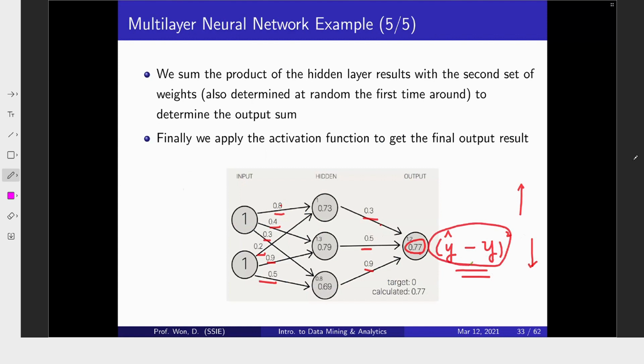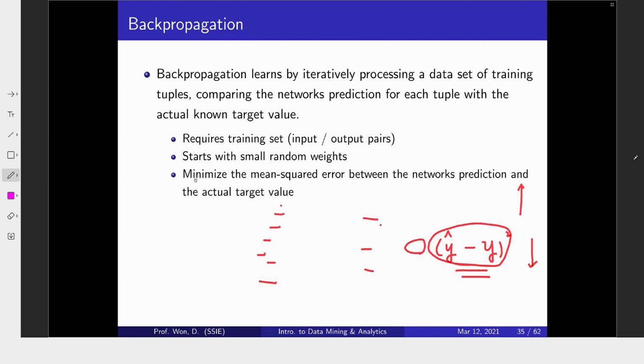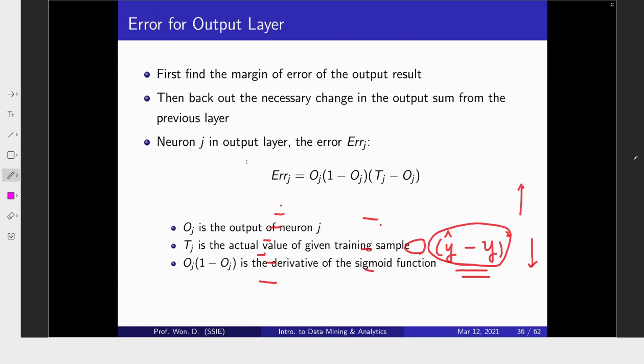That is the goal of backpropagation. Clear? Minimize the mean square error between the network prediction and the actual target value, and start with some small random weights. Why? Because this is iterative. We try one, it is not good, then we move to the next step and try to figure out a better one. We call that iterative processing.